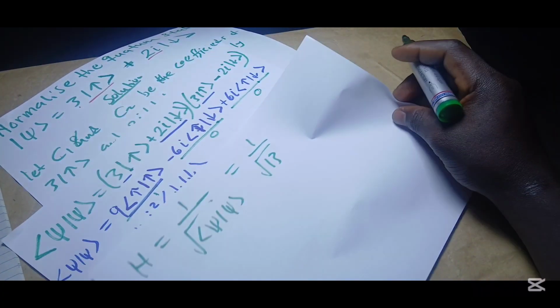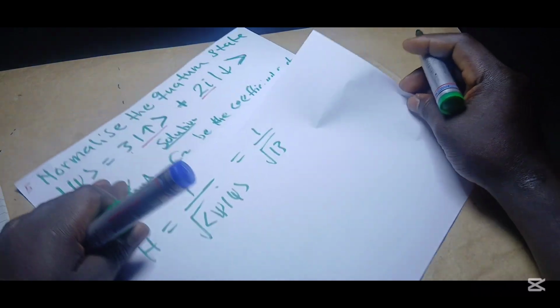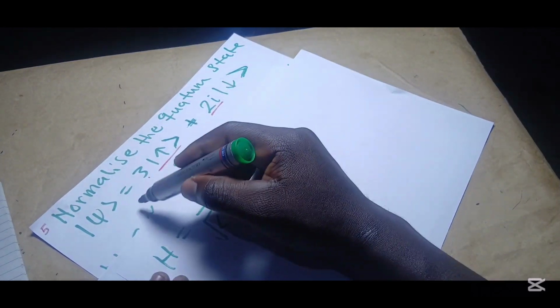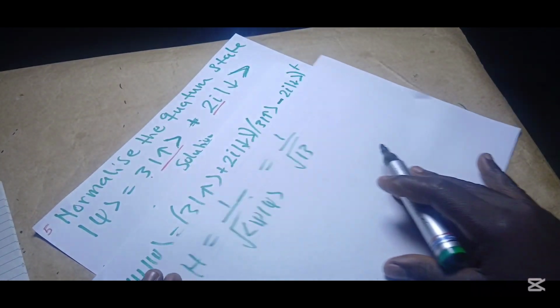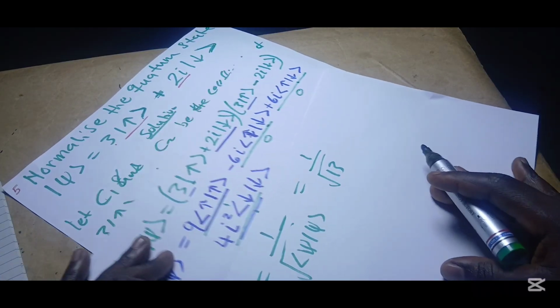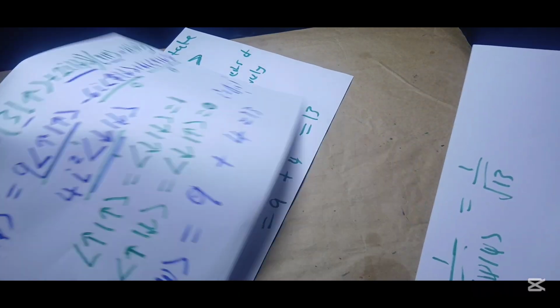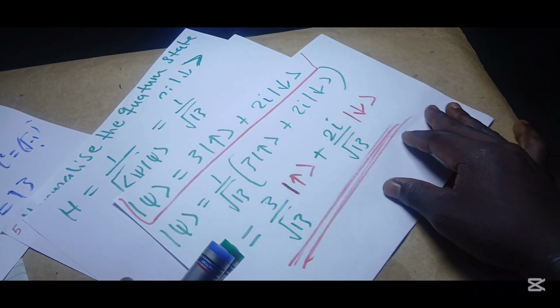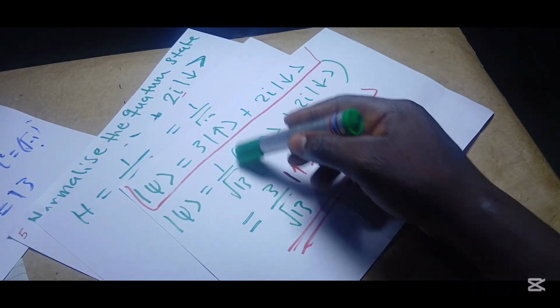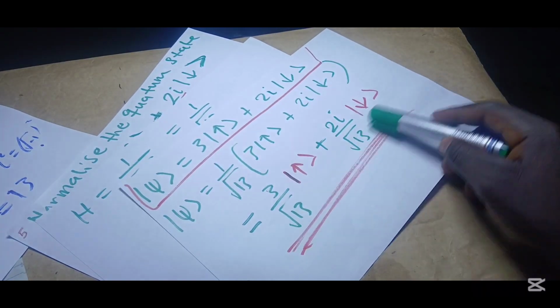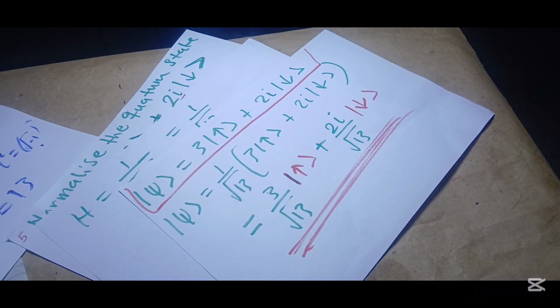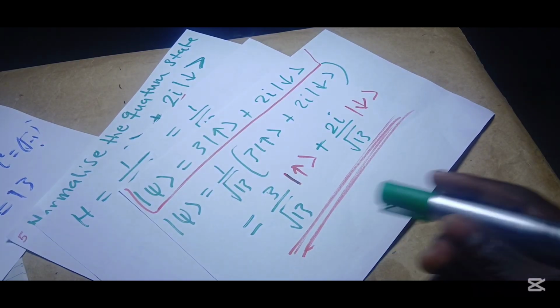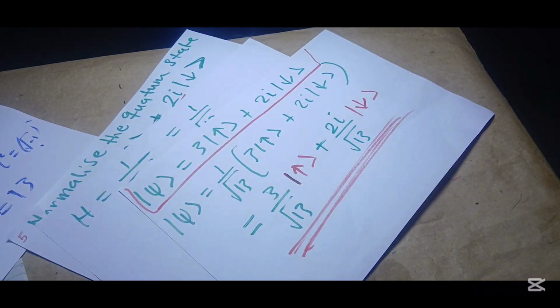Then when you are done, you just multiply the normalization constant by the whole term. And doing so is going to give us what we already had here, this term here. So if you multiply the normalization constant by the original term that was given, this is what you will get. So that is another way of going by it, but I prefer the first procedure.